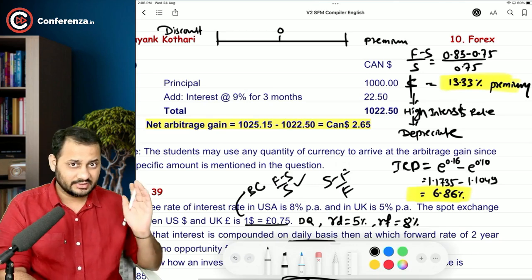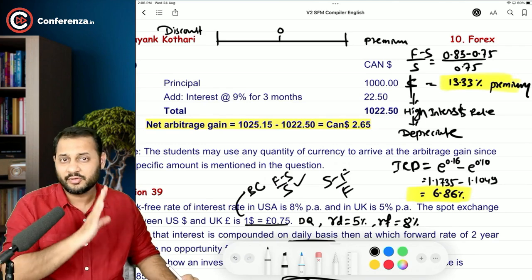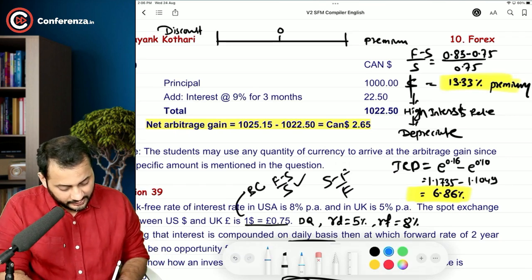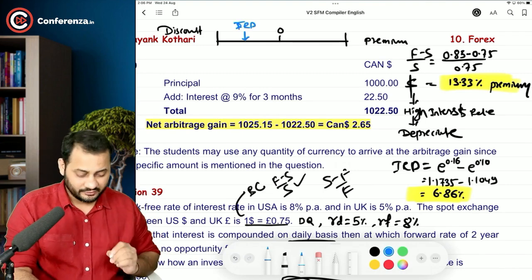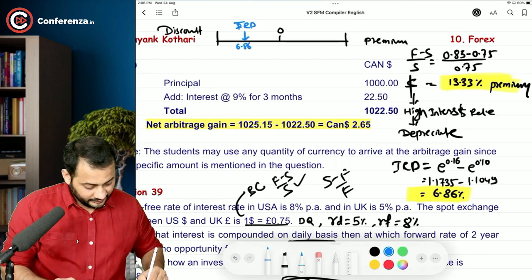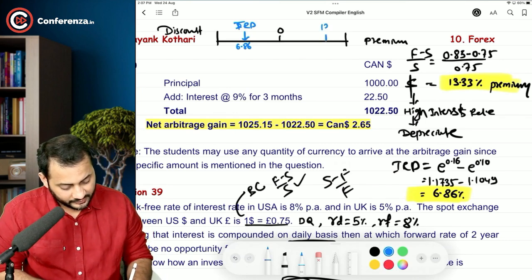Now understand, this is a high interest rate currency. It should depreciate to the point of 6.86%. The depreciation means the discount, and this is equal to IRD. So it should depreciate till this point, which comes to 6.86. But actually it is at a premium of 13.33%.